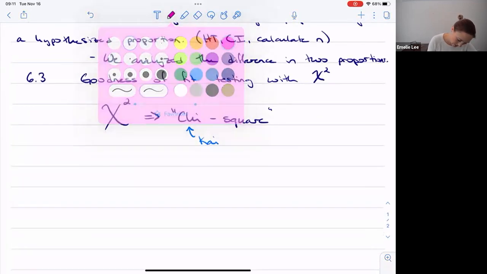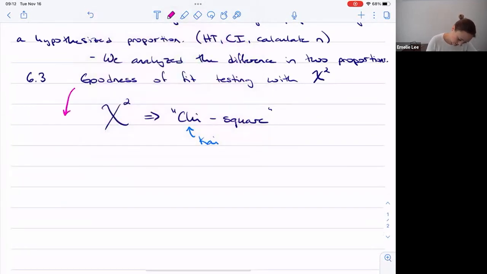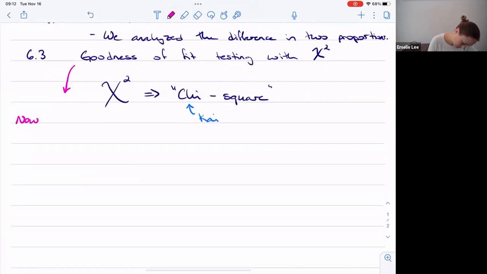Okay, so goodness of fit testing. Now we extend our analyses to more than 2 proportions.